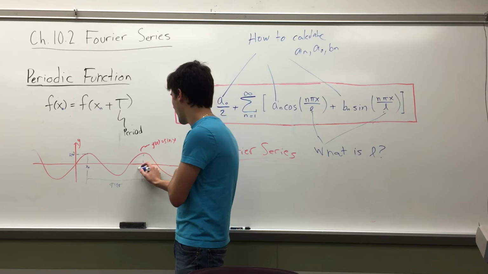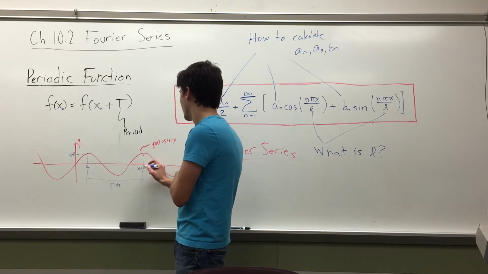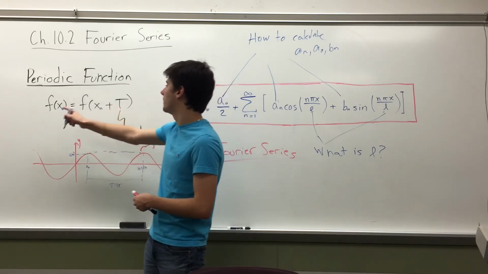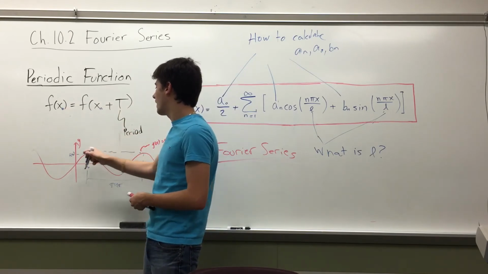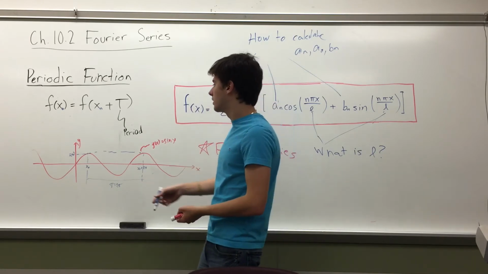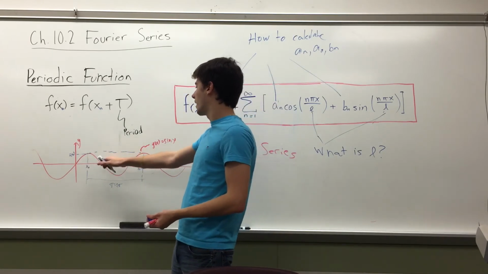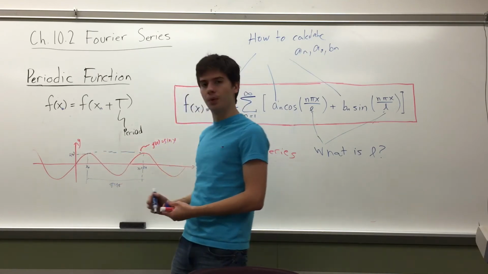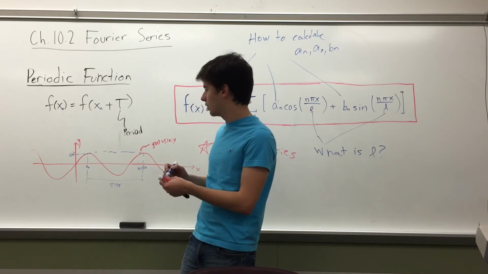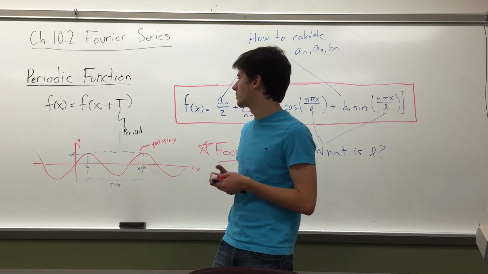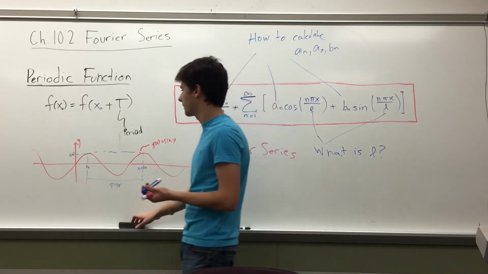So here at this point, x naught plus 2 pi, which is the period, the output is also going to be f of x naught. So this is how we can visualize it. You get any arbitrary point x naught, and if you shift a whole period, it has to go to the same output. This is how we can visualize it using sine of x. Of course there are many different types of periodic functions, but it's just something to visualize.